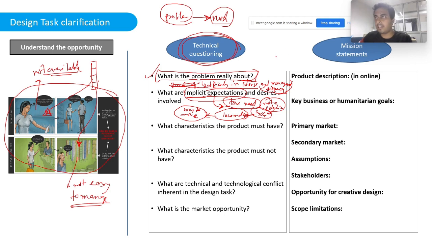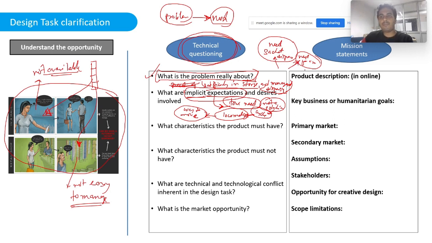For example, for this particular device, if I ask you what is the implicit expectation, one may directly say, okay, we need a sachet dispenser, or a need for a machine. Those are not implicit expectations, those are solution biased.